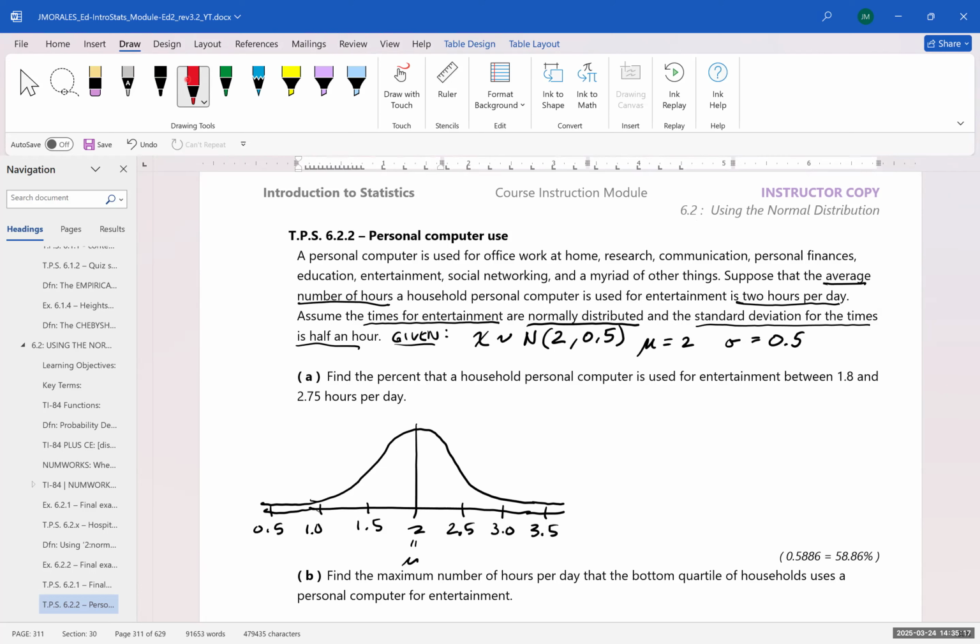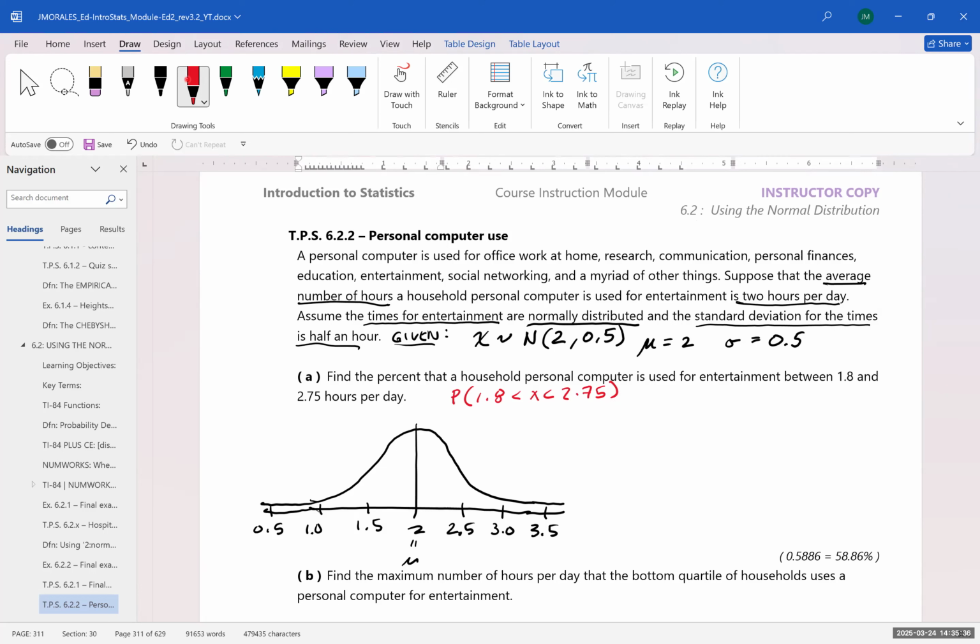Okay, find the percent that a household personal computer is used for entertainment between 1.8 and 2.75. So we want the probability between 1.8 and 2.75.